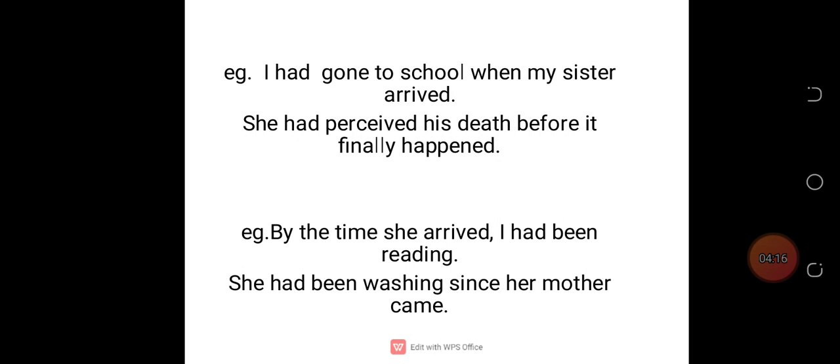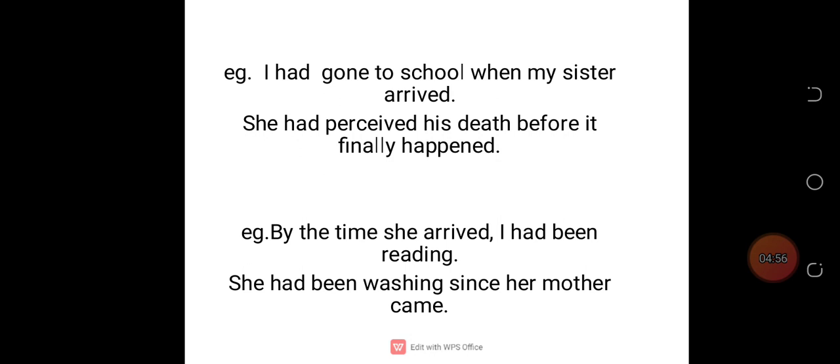What other thing can we see? Let's look at the four sentences again. For the first two sentences, we have the auxiliary verb had plus the past participle form of the verb go, that is gone. Then for the second one, we have the auxiliary verb had again, and the word perceived, also in the past participle form.